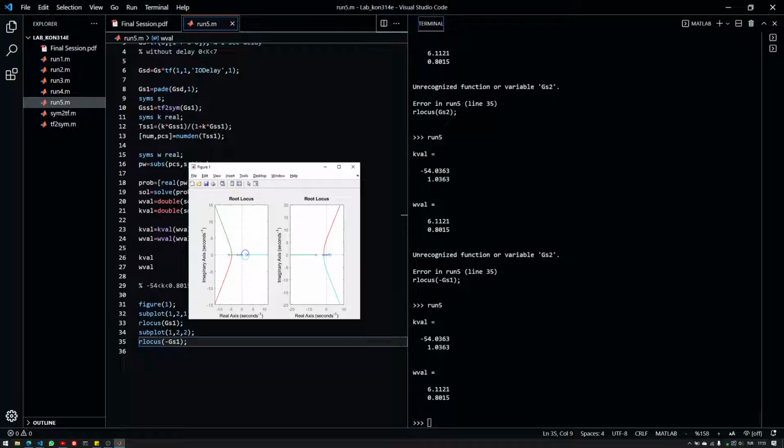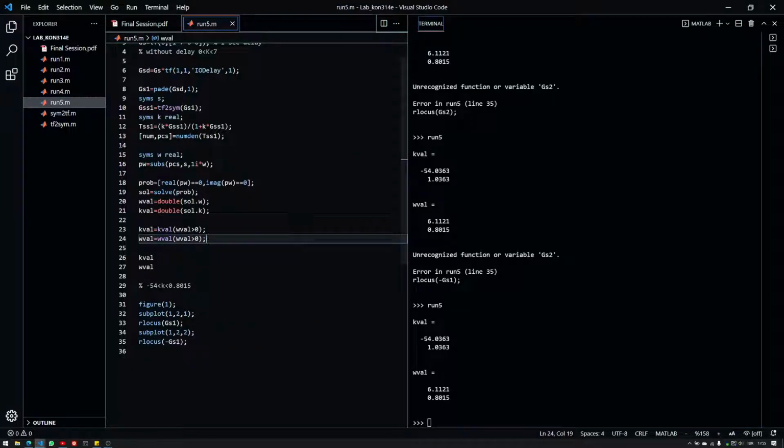So omega is 6 for the negative one. It seems to be all right. And omega is 0.8 for the positive root locus. So we can see that the interval is minus 54 and 1.03. Of course, we have to increase the degree here. For 2, for example, we would do the same here. We would solve it.